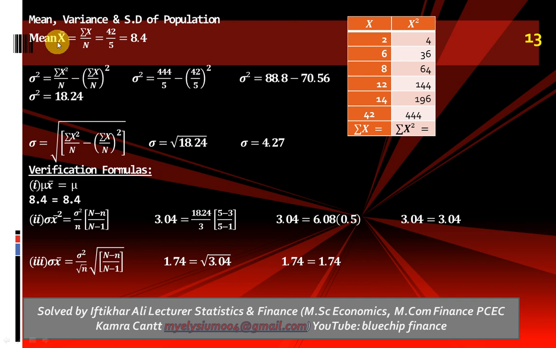So mean, variance and standard deviation of population parameters. Always use uppercase letters while calculating parameters. It is necessary. So sum of uppercase X or uppercase N, mean is 8.4, variance is 18.24, and take the square root of this variance, which will be equal to standard deviation.